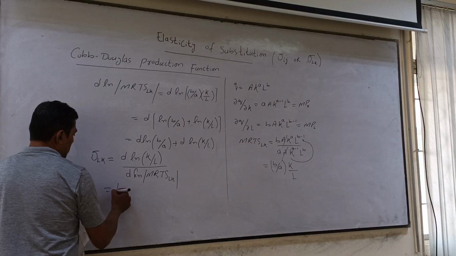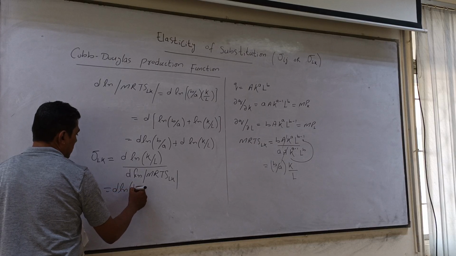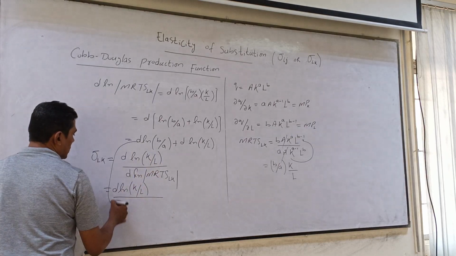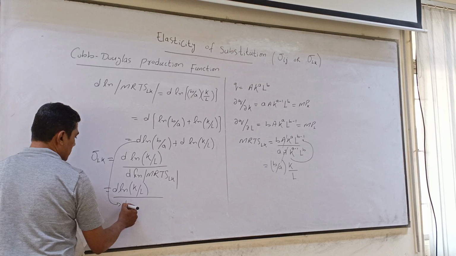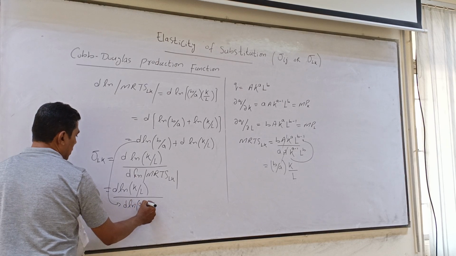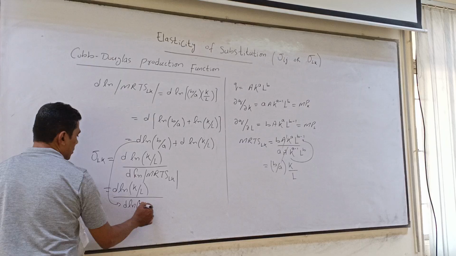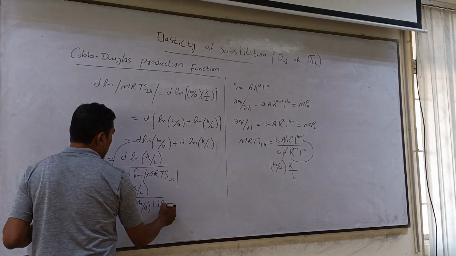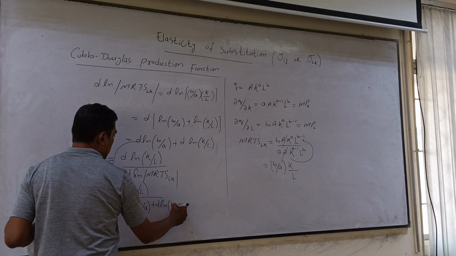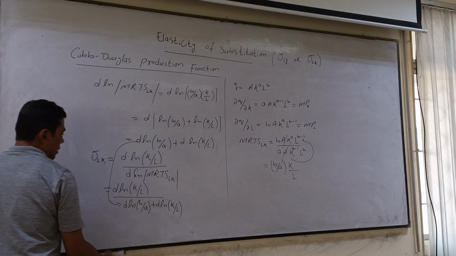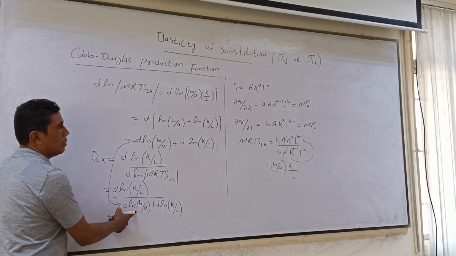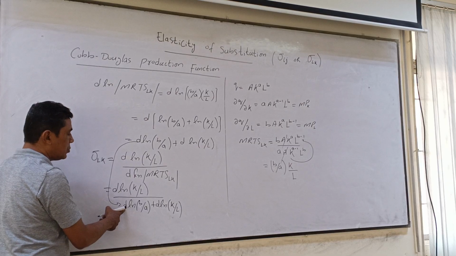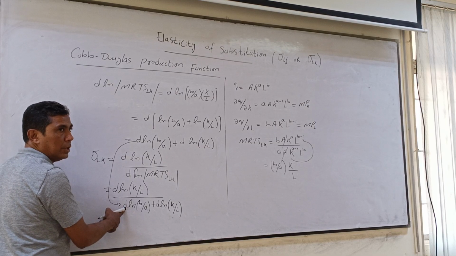Okay, so d ln of K over L, replace with this one: d ln of b over a plus d ln of K over L. The log of any constant will be a constant, and its change will be 0.